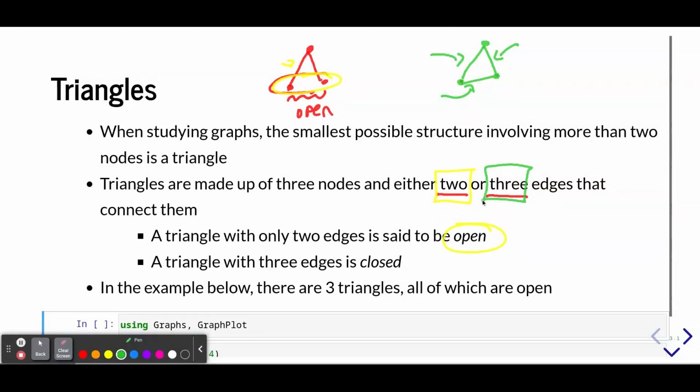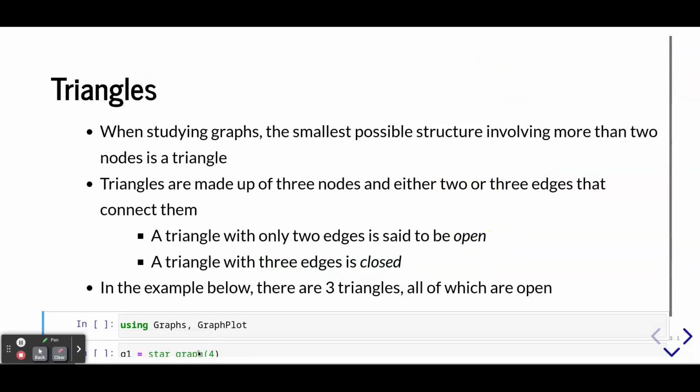So a set of three nodes with exactly three edges between them would be called a closed triangle. And it turns out that understanding, one, how to identify a triangle, and two, whether it's open or closed, can be a building block for a lot of pretty impressive analysis we might do later on.